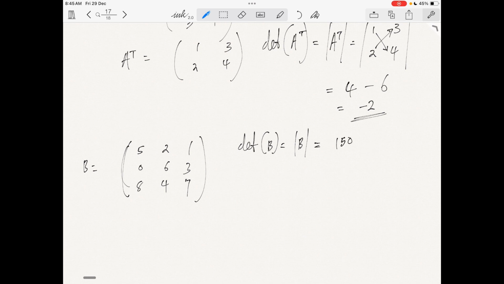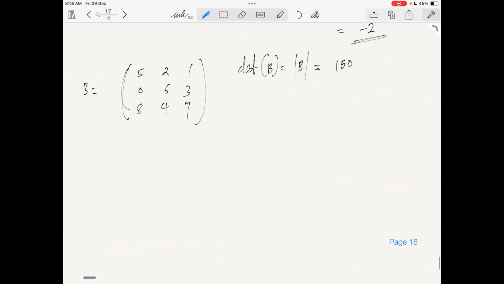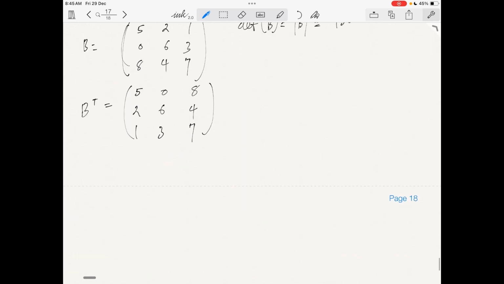Now I want to evaluate the determinant of the transpose of B. So we evaluate the transpose of B, where the first column becomes the first row, 5, 0, 8. The second column becomes the second row, 2, 6, 4, and the third column becomes the third row, 1, 3, 7.